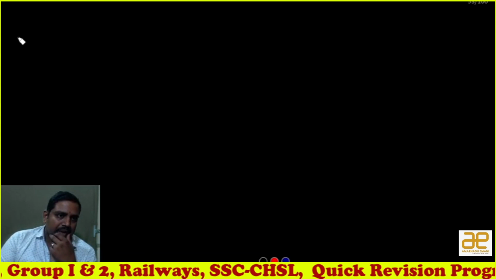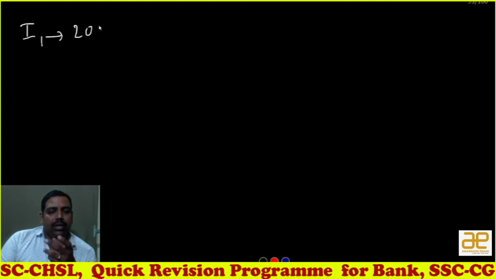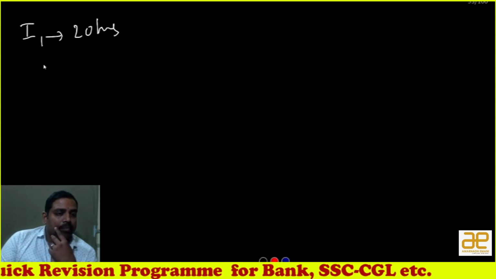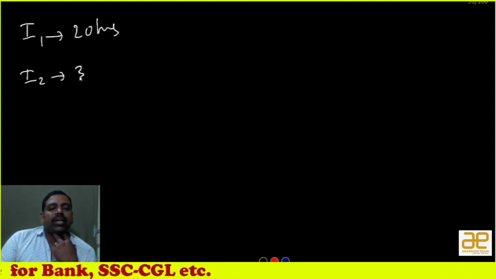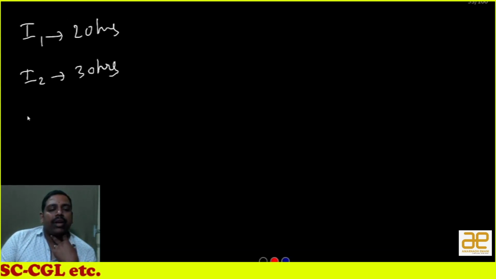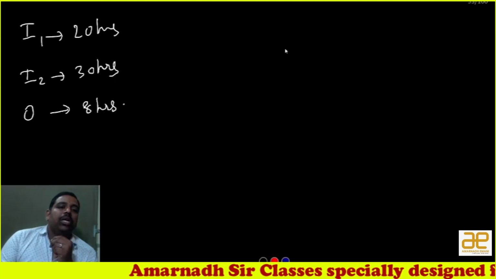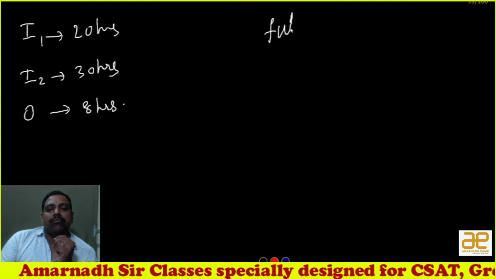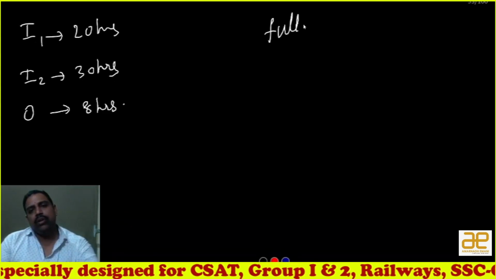Now see the question. Inlet 1 can fill the tank in, suppose, 20 hours. Inlet 2 in, suppose, 30 hours. Okay. So outlet alone, suppose, in 8 hours. Initially full tank. No, not full tank.